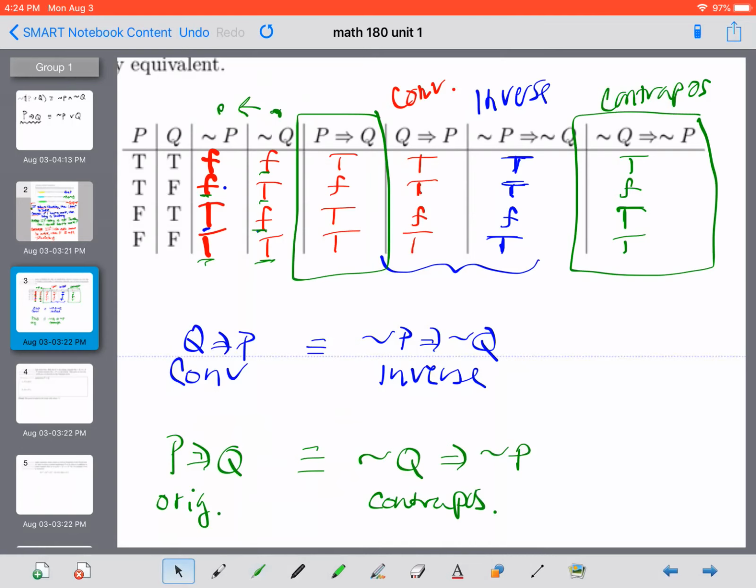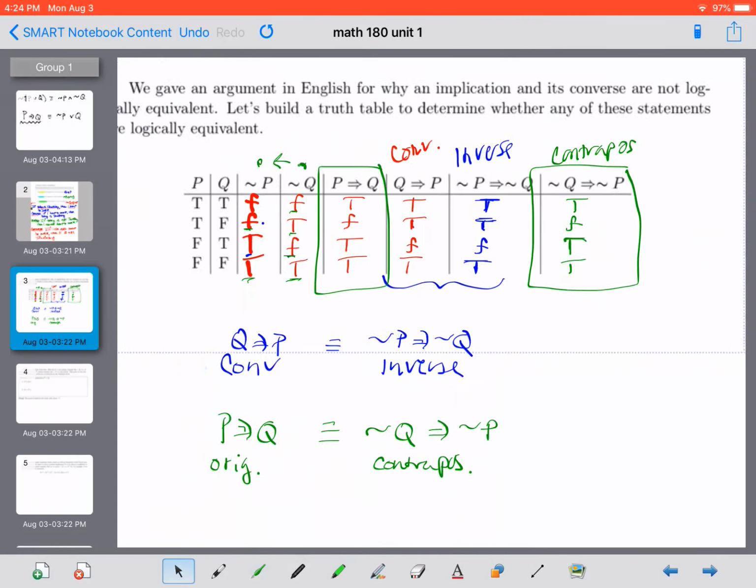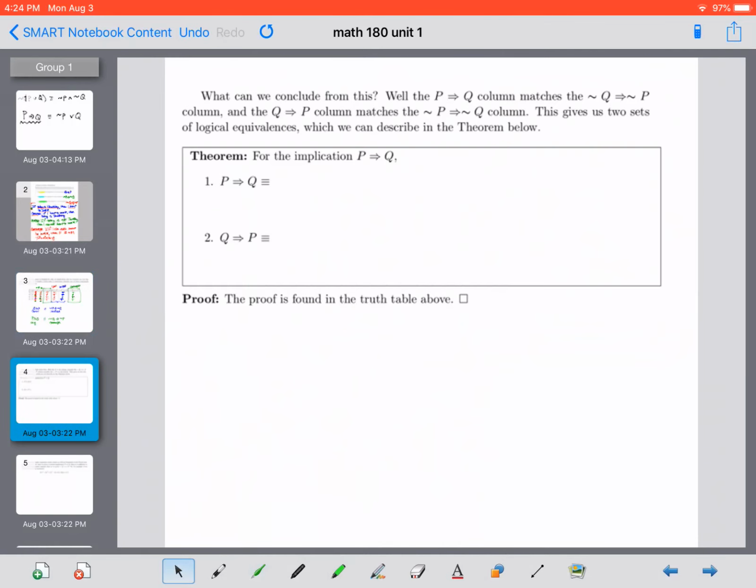Okay, so what have we learned here? Well, for any implication, these P and Q were just arbitrary. So this is true for any statements P and Q. P implies Q, or if P then Q, is going to be logically equivalent to its own contrapositive.